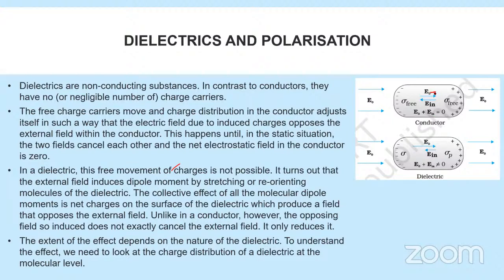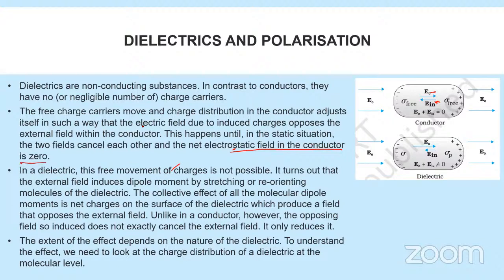Suppose this is your external field and this is your induced field. They oppose each other within the conductor. This will keep happening until, in a static situation, the fields cancel each other and the net electrostatic force in the conductor is zero.